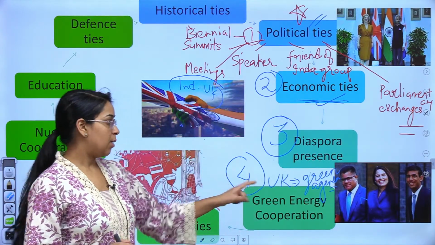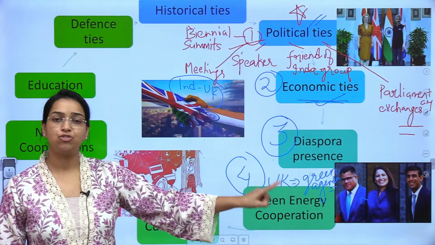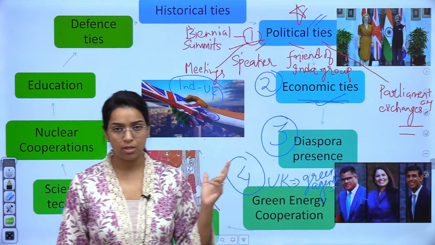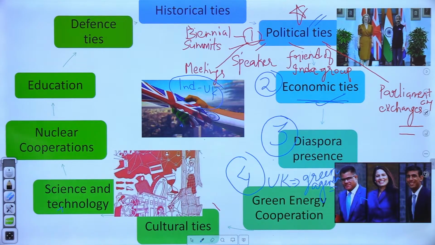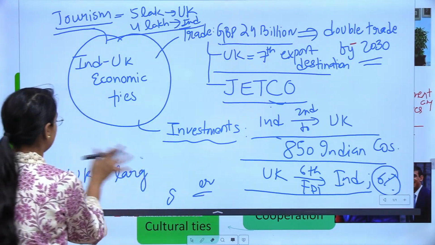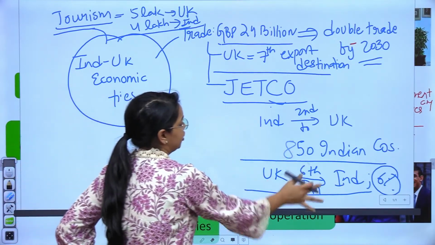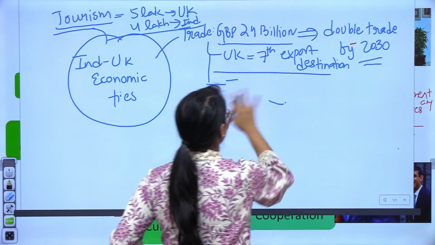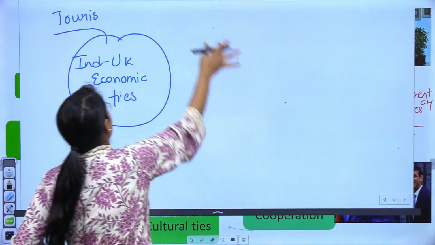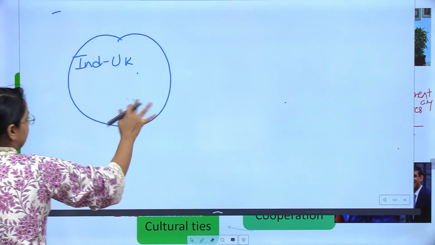So that is why both India and UK have joined their hands in creating green energy cooperation. ठीक है? So green solutions both the nations को provide करने के लिए the two countries are cooperating. For example, let's just briefly see various initiatives that they have taken to take their green energy cooperation forward.